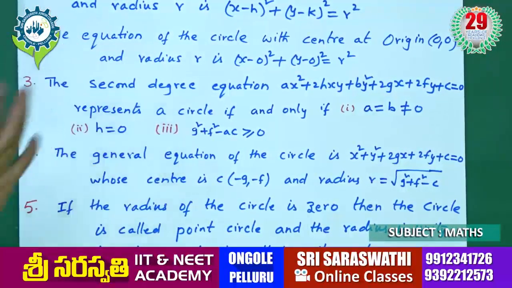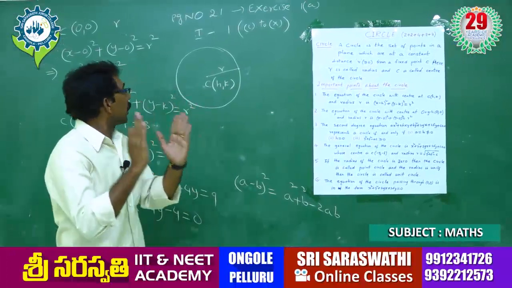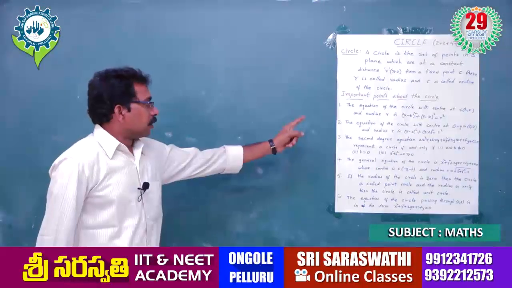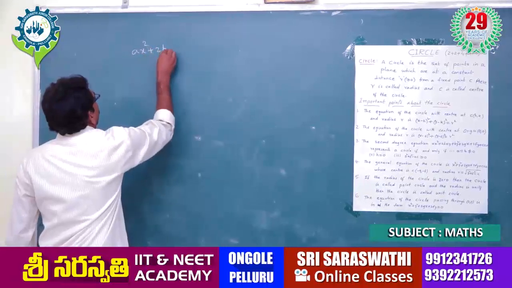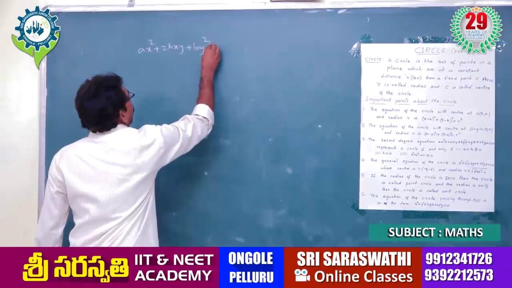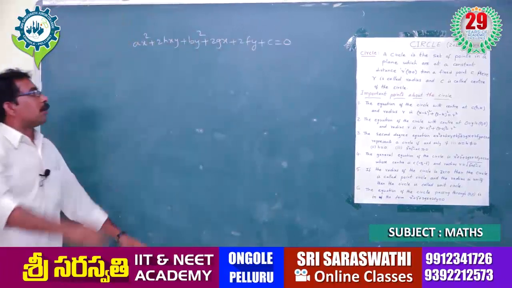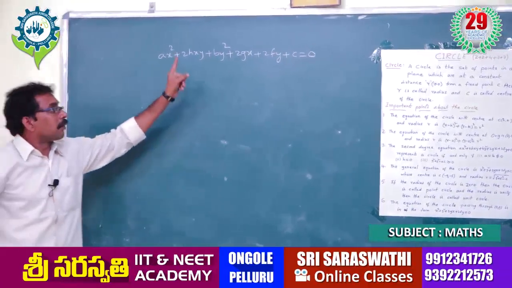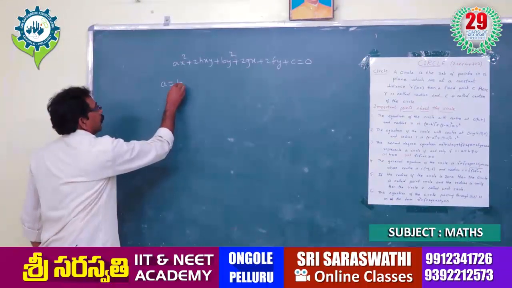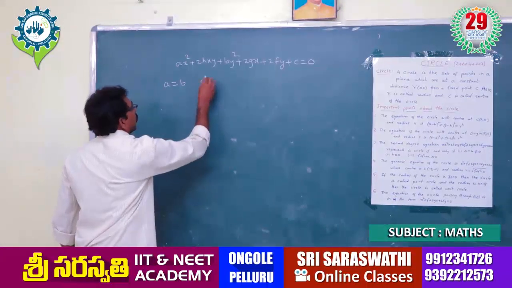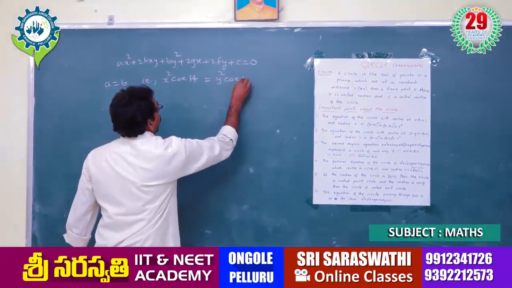So if we have a second degree equation ax square plus 2hxy plus by square plus 2gx plus 2fy plus c is equal to 0, this equation represents a circle if, first, a is equal to b, that is, the x square coefficient is equal to the y square coefficient.